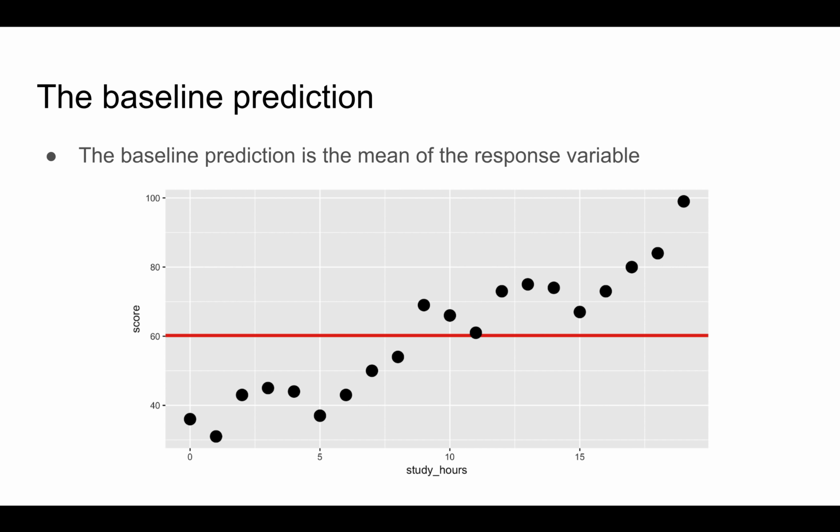The baseline prediction is basically taking the mean of the quiz scores. In this case, if you have no information about how many hours a student studied, the mean is a pretty good guess of the student's quiz score.